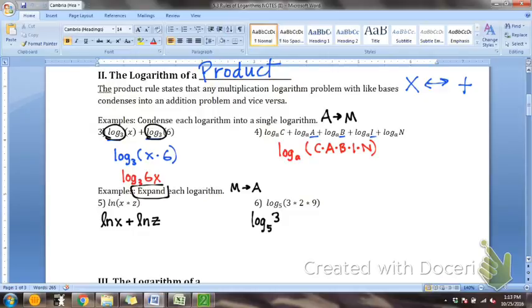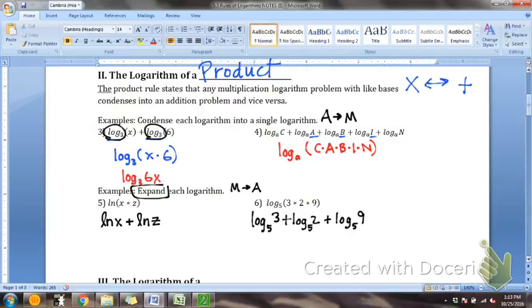Josh? Log base 5 of 3. Then plus log base 5 of 2. Log base 5 of 9. Excellent. Does anyone else have this answer? Raise your hand if you have this answer.